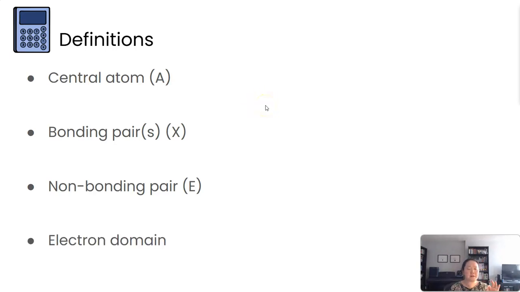The next bit is electron domain, and this is how many bonding pairs and/or non-bonding pairs are around that central atom. So take this molecule, for example. If we're going to define central atom, technically it could be any one of these three, but considering there isn't anything other than one other species around most of these, you're probably only going to be looking at that carbon as your central atom. It's the most interesting thing here.